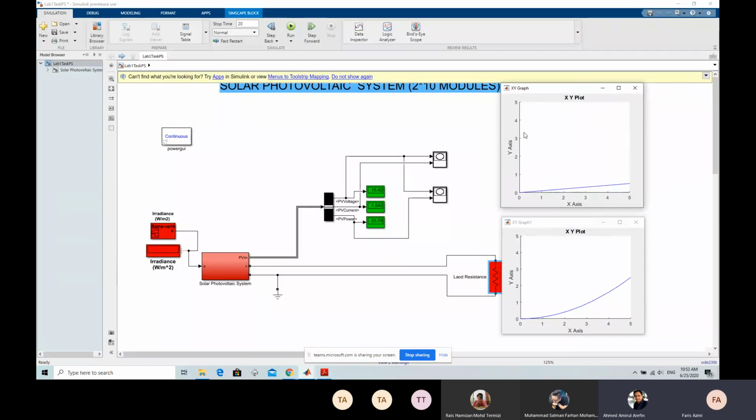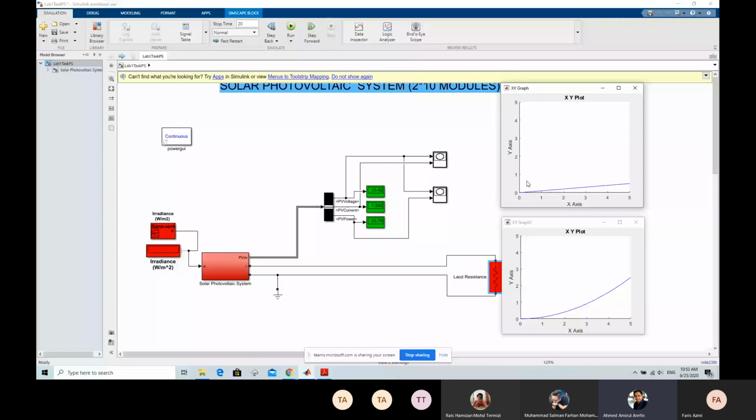It is indicating that when we increase our voltage, the current also increases. Okay. So in the y-axis we have what? In the y-axis we have current.